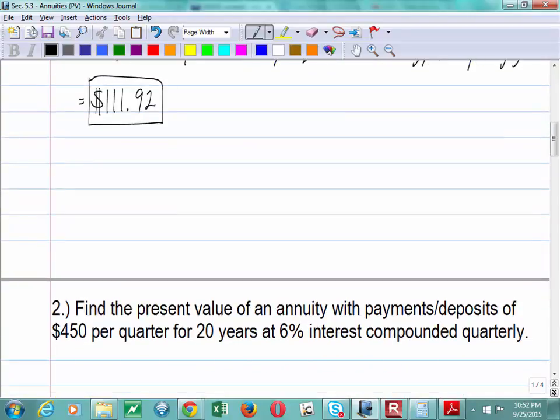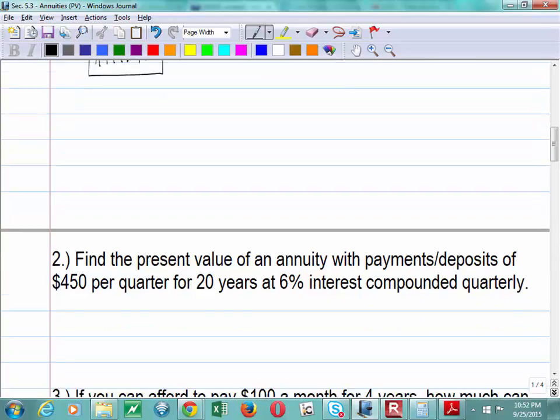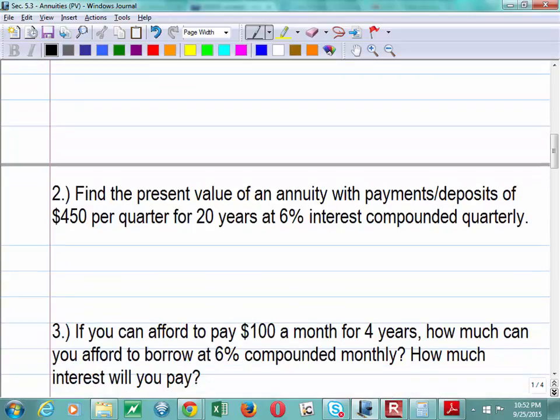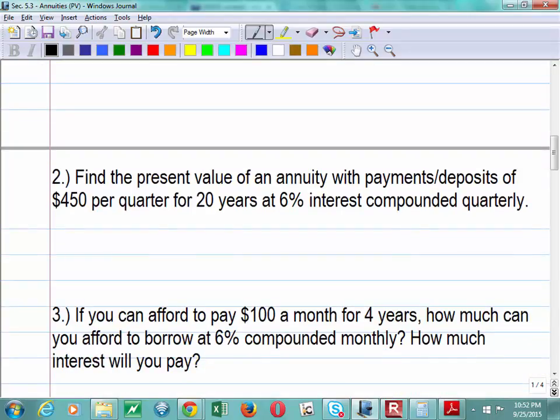Alright, so I thought that was a nice practical example to start off with, but here's probably a much simpler one. Find the present value of an annuity with payments or deposits of $450 per quarter for 20 years at 6% interest compounded quarterly.